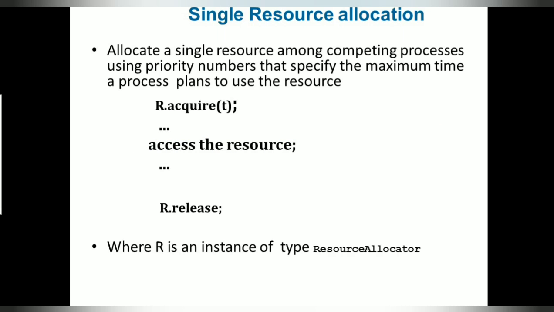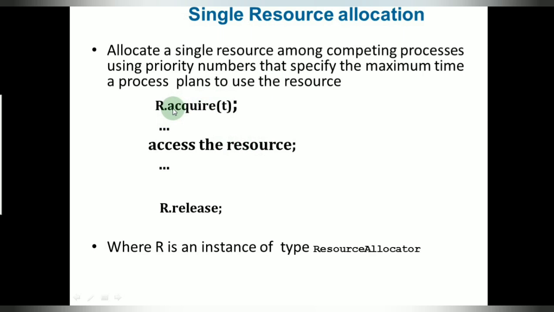Now let us look into resource allocation. So how is the resource allocation happening? The resource allocation could take one of this form. You would understand this better when we talk about deadlocks.